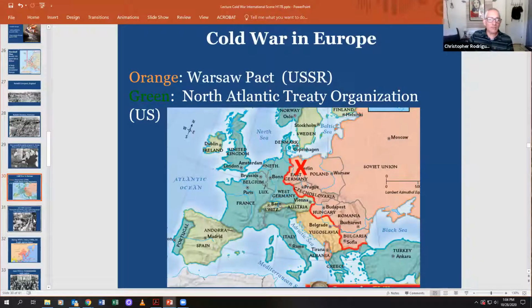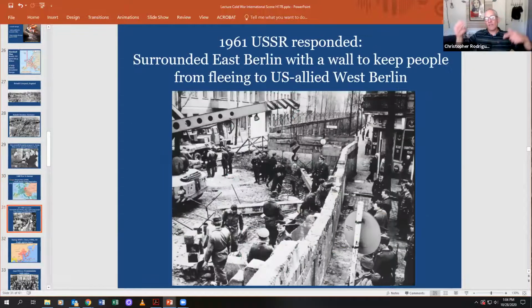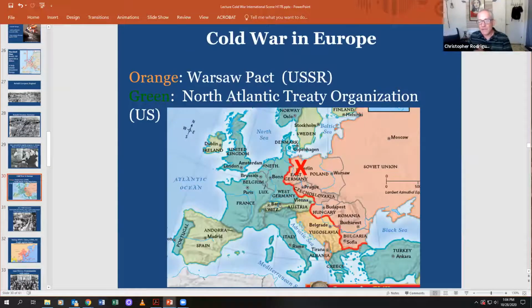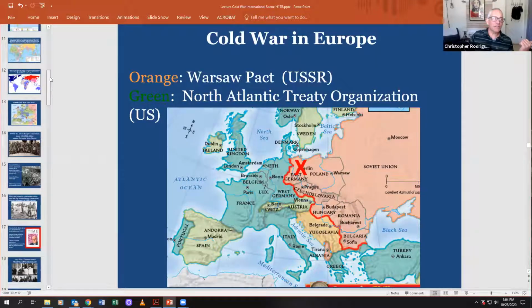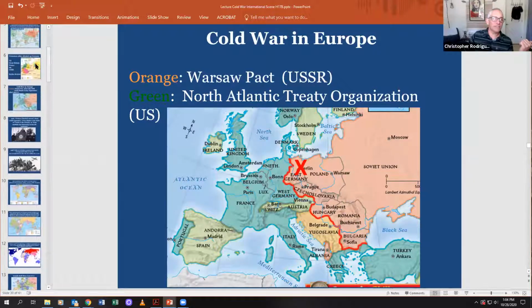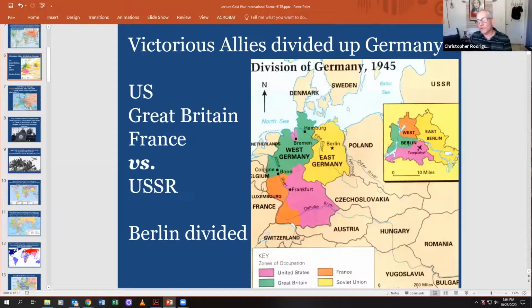Let's go back to Europe. What did the USSR do in response to the Marshall Plan's success? Because what this is causing many people in Eastern Europe to do is say, oh heck no, we're going to go to Western Europe. Let me get the map up. Western Europe is developing in part because of the Marshall Plan.